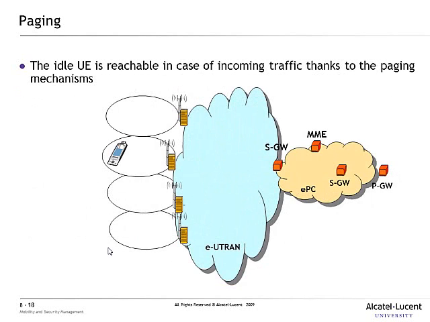So here's a diagram that shows what happens if you're an idle UE in a cell in a network. What happens when you have some incoming packet traffic? Okay, so we know that all of the incoming packets will have to initially come through the packet gateway and to the serving gateway. The serving gateway has no idea where this UE is because the UE is idle.